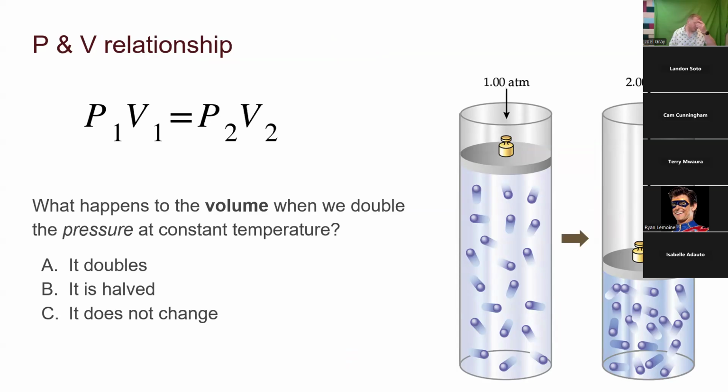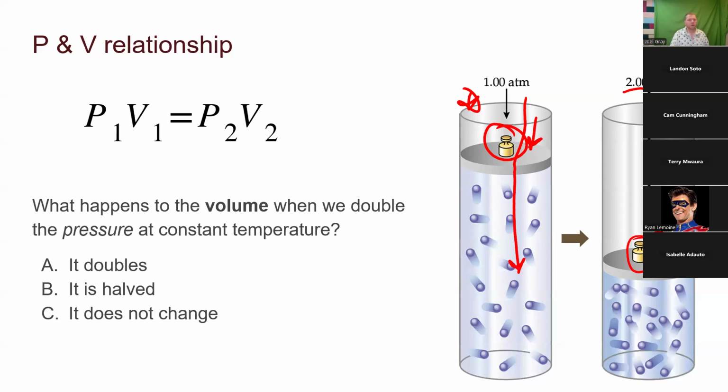I always like to think about this right here as being similar to a cylinder in a car engine. So this piston will go up and it will go down. When that piston goes down, because you have increased a weight, you have increased the pressure, your pressure has gone from 1 atmosphere to 2 atmospheres.